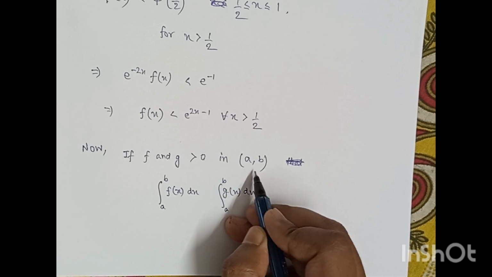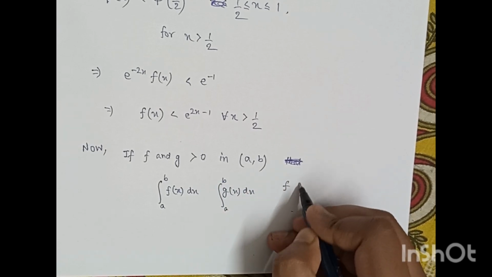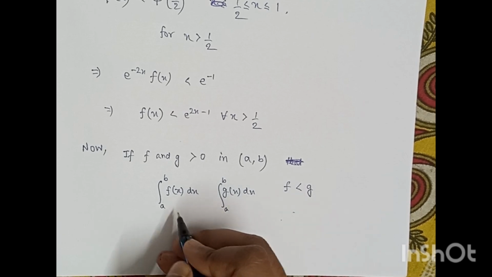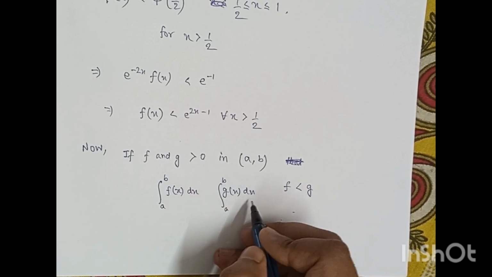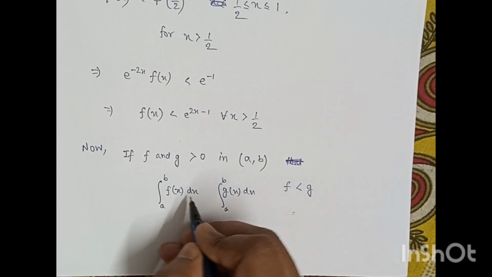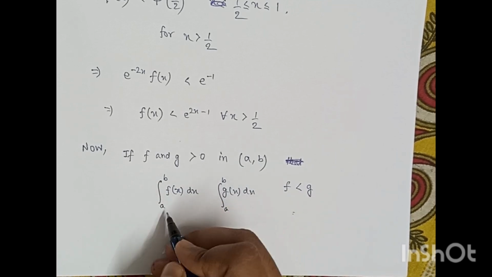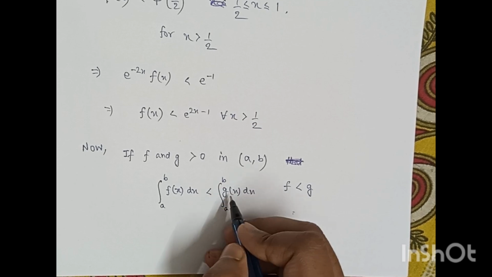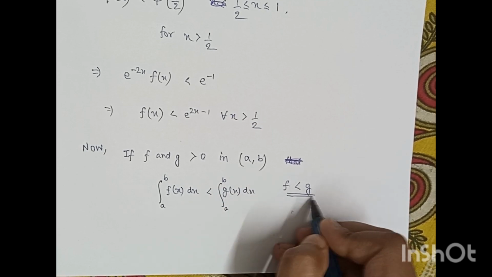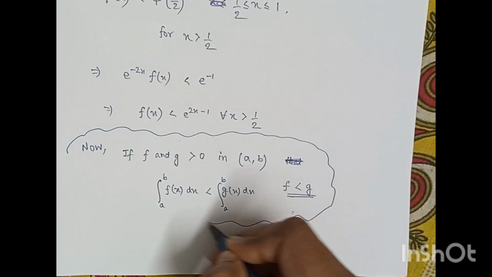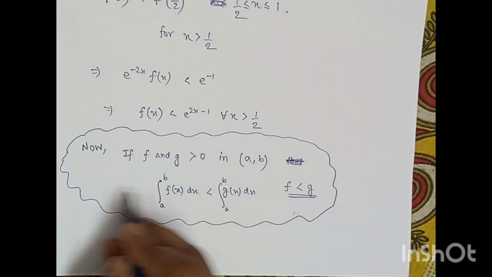If in this given interval f is always less than g, then we can directly compare the integrals of f and g by this relation. So the integral of f(x) dx from a to b will also be less than the integral from a to b of g(x) dx if this holds. So this is the concept that we'll have to apply.